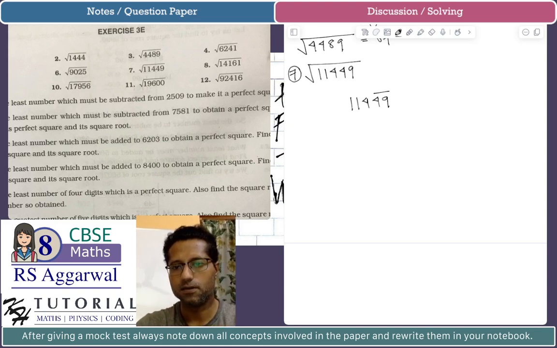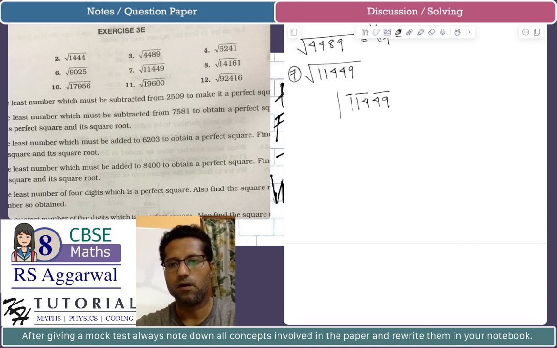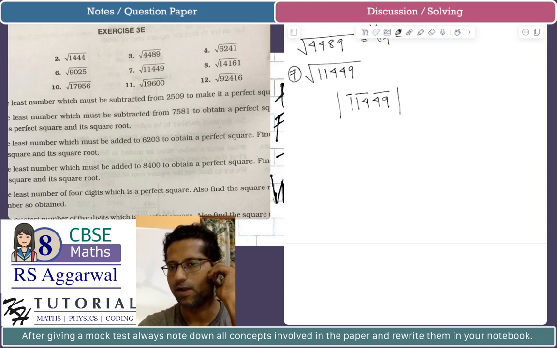So first pair, second pair, and the leftmost pair, which is a single digit. Now we consider the leftmost period, which is 1. So the quotient becomes 1, and 1 multiplied by 1 is 1.